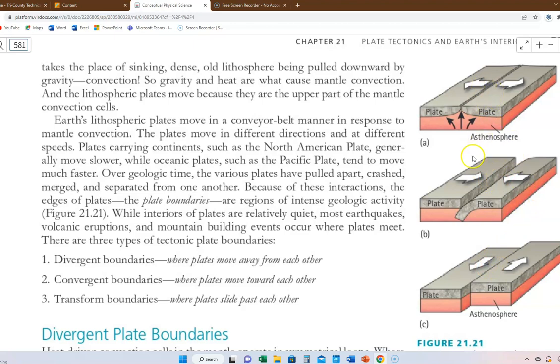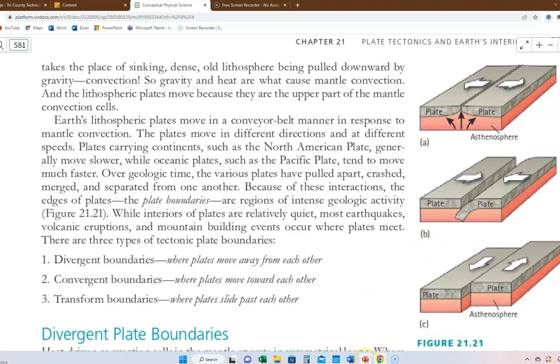It's important that you get those pictures in your head. Not all of them have to do this, but most of the diverging ones are in the oceans. There are some that are not in the oceans, but most of them that you find are like that.